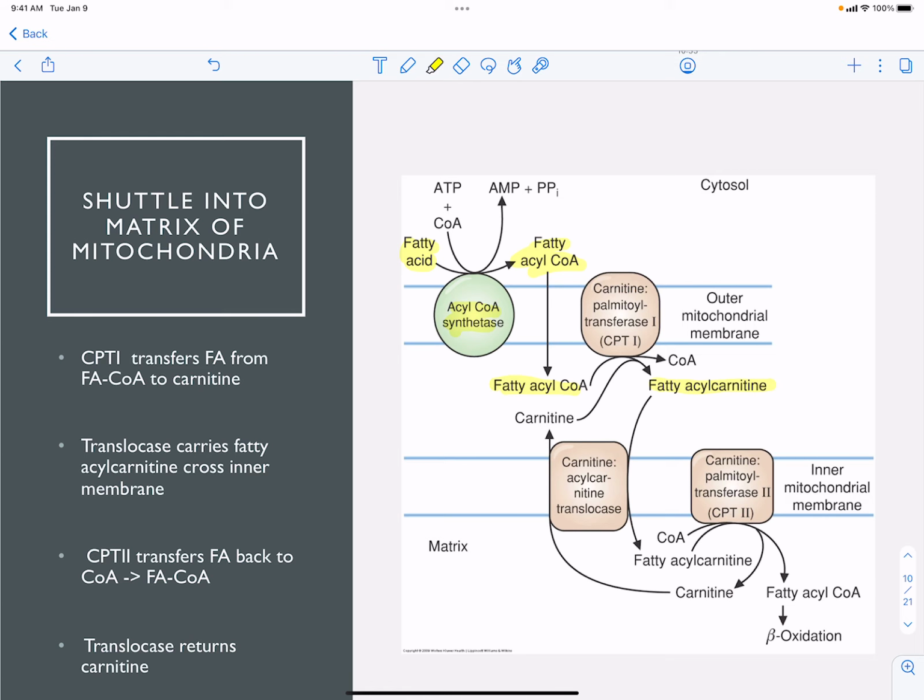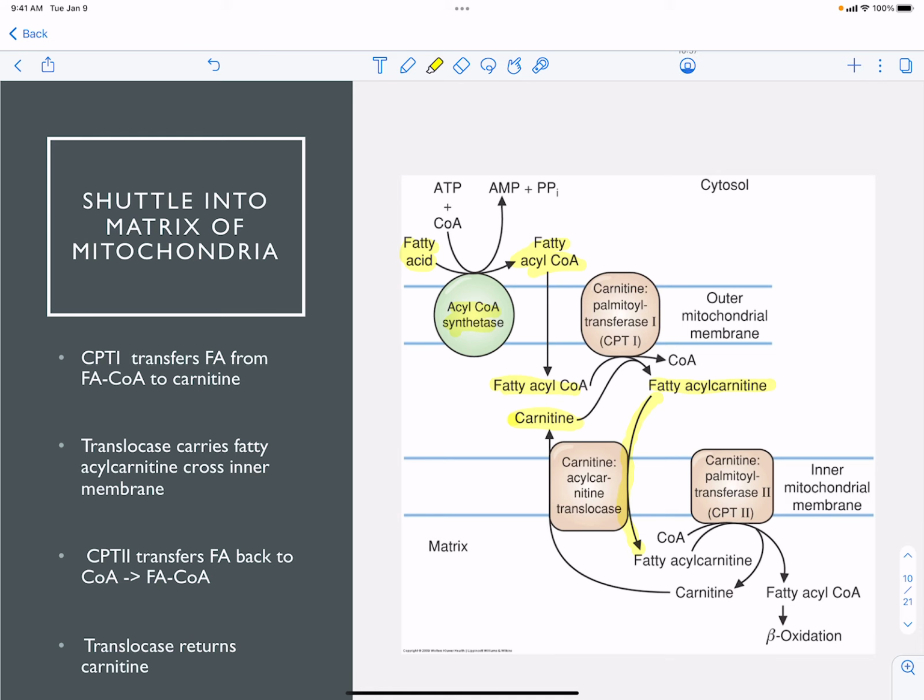The fatty acylcarnitine will enter the matrix of the mitochondria, in a one-to-one exchange for carnitine. So you're bringing in a fatty acylcarnitine, you're leaving a carnitine, which can then be used to pick up another fatty group.